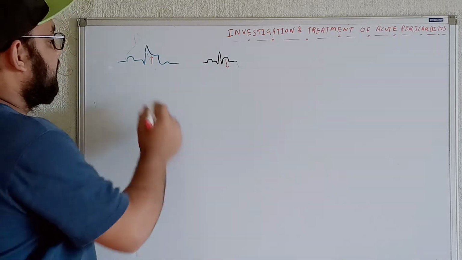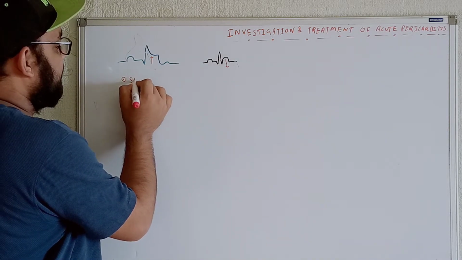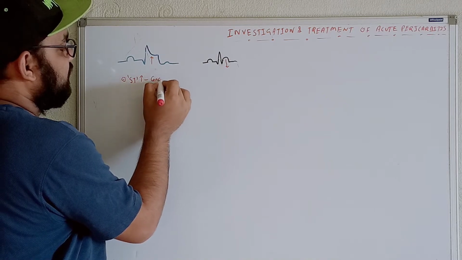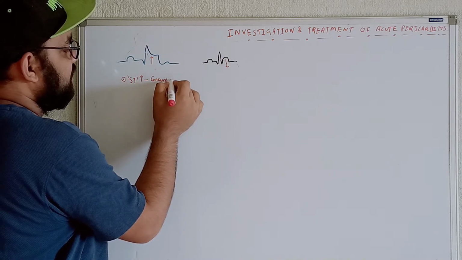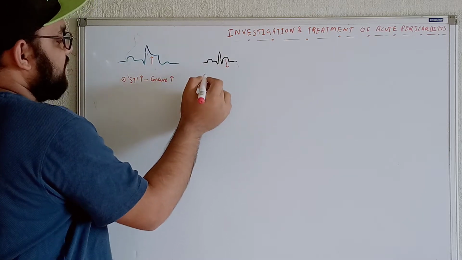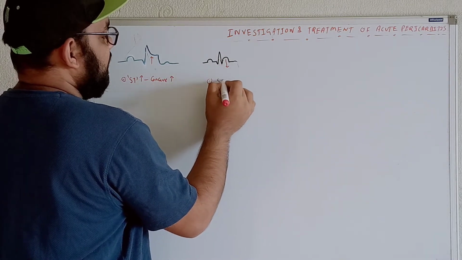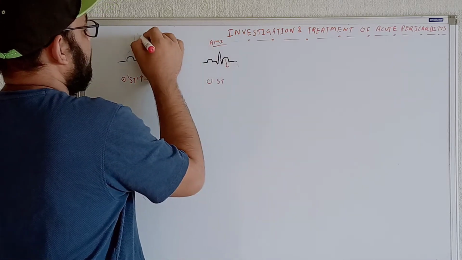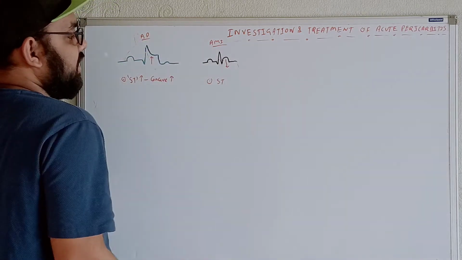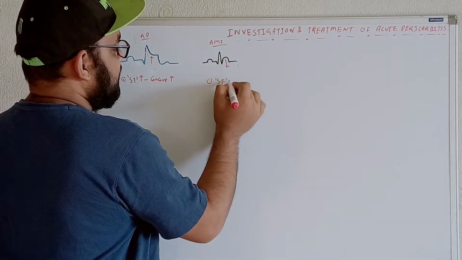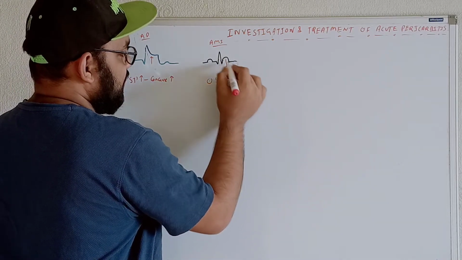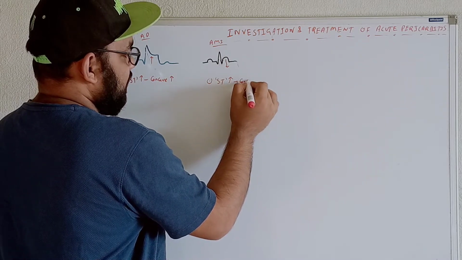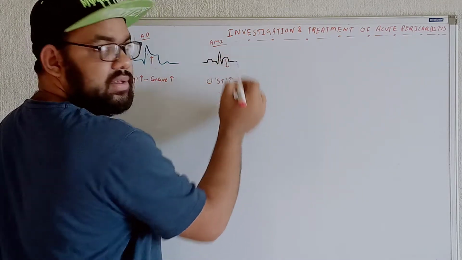In acute myocardial infarction we get the ST segment elevation, and in acute pericarditis we also get ST segment elevations, but in these cases the concave shape of the ST segment, this concave portion, will face downward, okay?